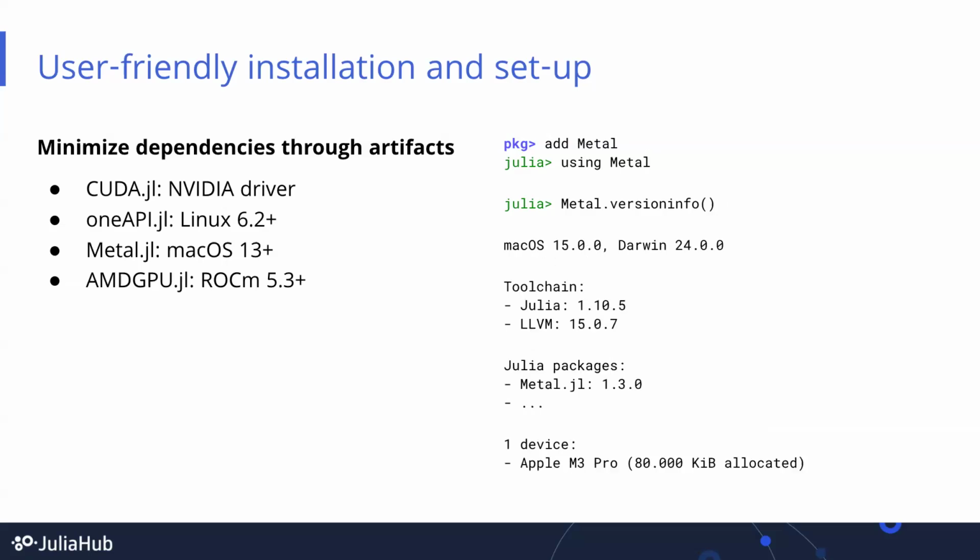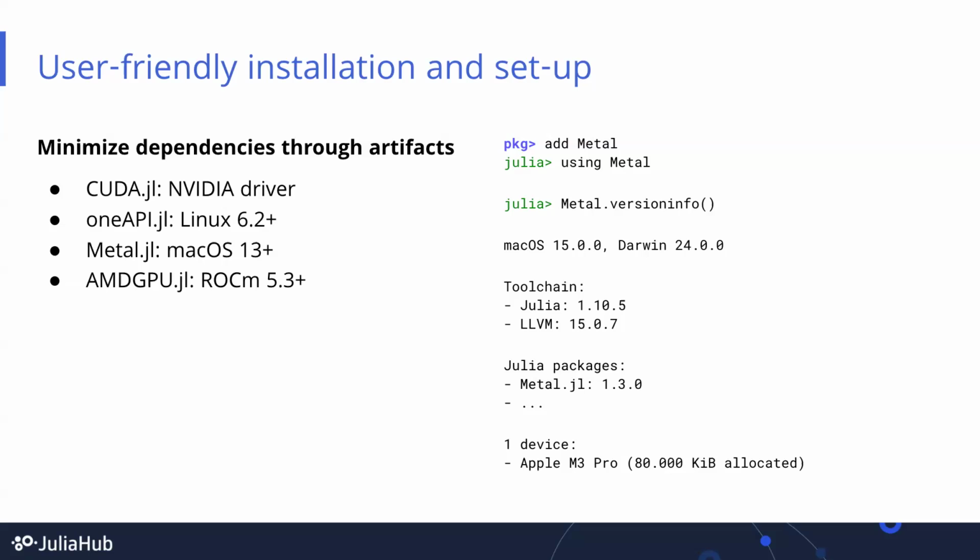With Metal, you need even less, you just need a sufficiently up-to-date version of macOS. At this point, we require macOS 13 or higher, which most Apple users should already have installed. And similarly, you just install the Metal library and you're good to go. AMDGPU.jl, I don't have experience with, but it is a similar procedure.